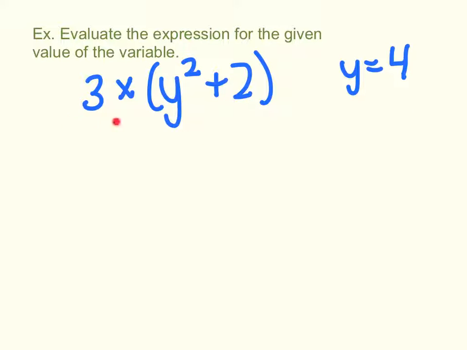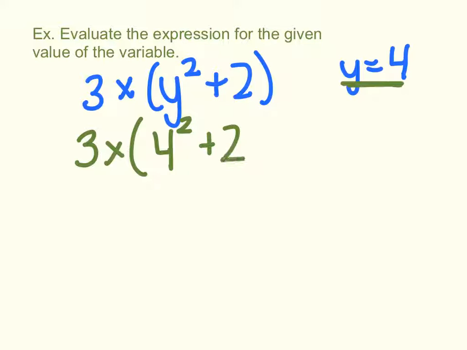So every time we see a y in our expression, we're going to substitute the 4 instead of the y. So let's rewrite it. We have 3 times (y is going to be replaced by a 4 squared, again, I'm replacing that y with a 4 because of what it told me here, y equals 4, plus 2).